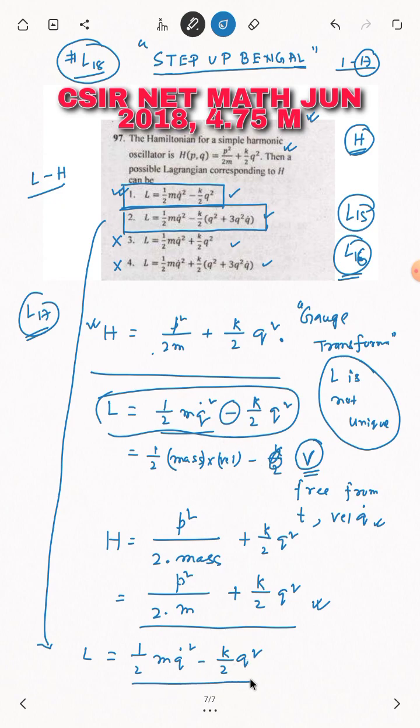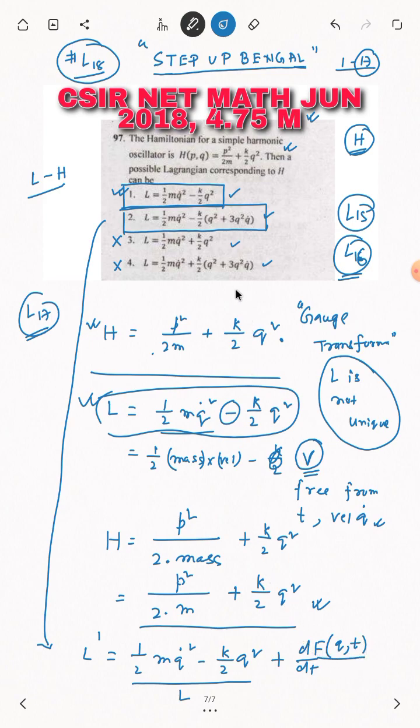This part is the Lagrangian. The second part: any new L dash coming from this L will also be a Lagrangian by gauge transformation, if this L dash can be written as this portion L, plus, as we have seen, df by dt, where f should be and must be some function of time and coordinate.